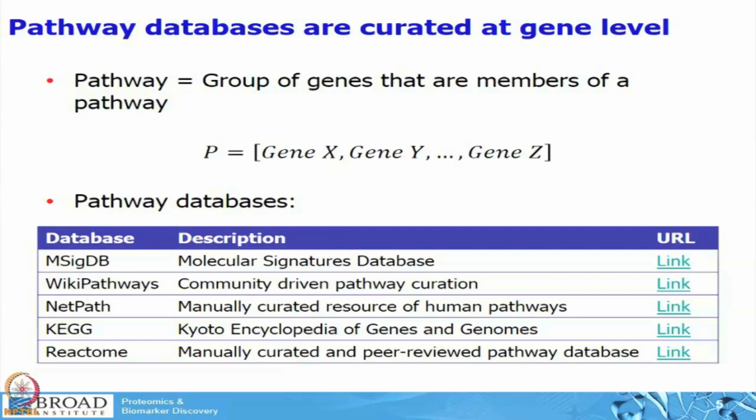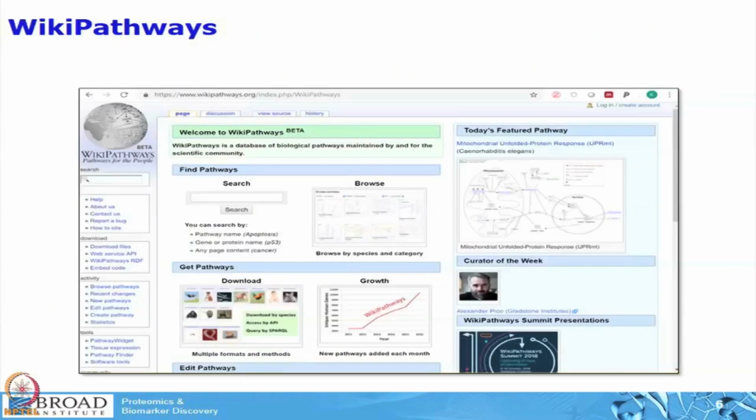If you click on these links, it will directly forward you to the actual website for these databases. I just want to briefly point out WikiPathways, which is a very promising resource for curated pathways, which has been developed over the last couple of years, but now it really starts to take off. So this is like a Wikipedia for pathways.